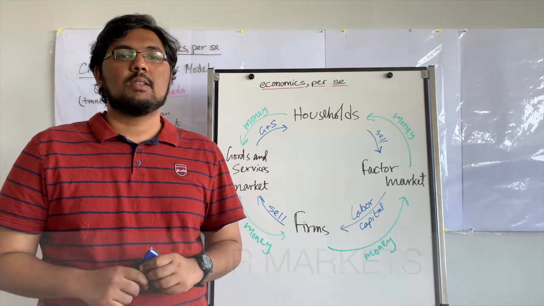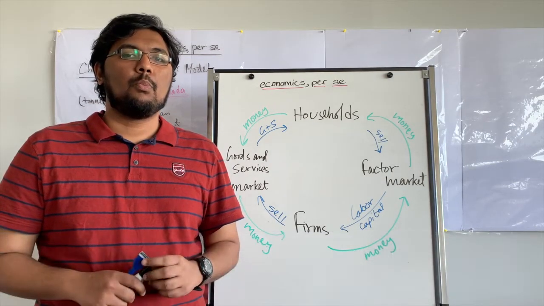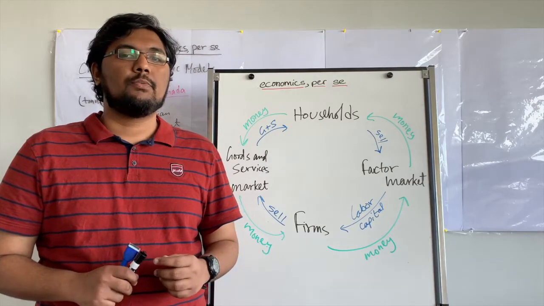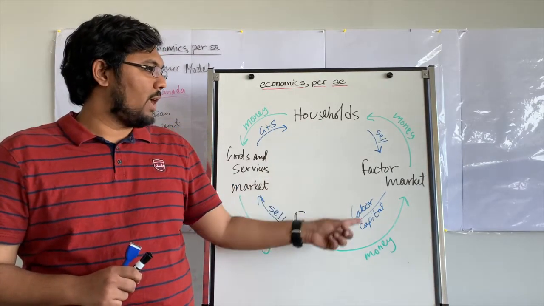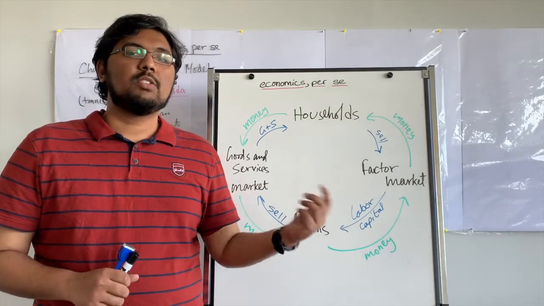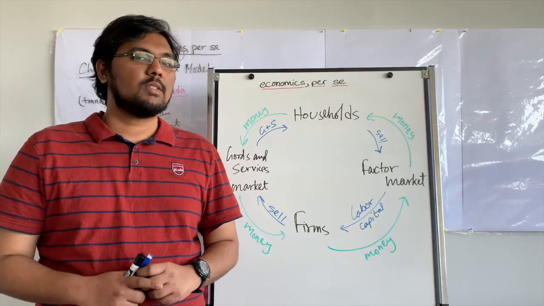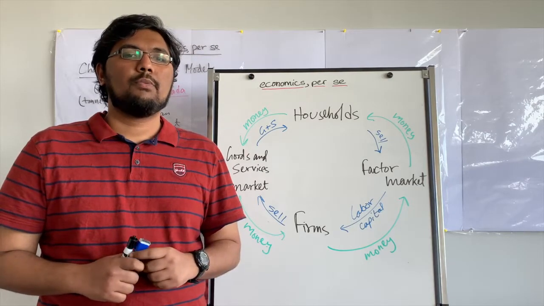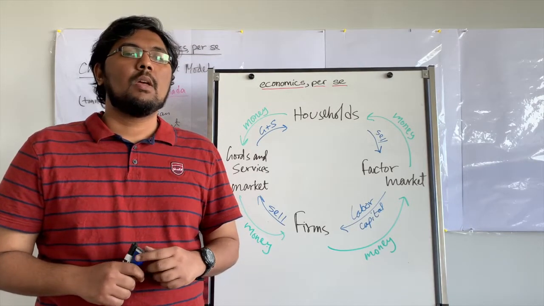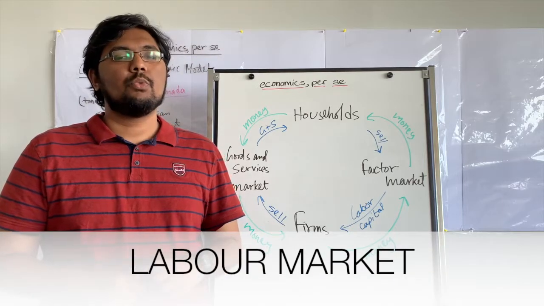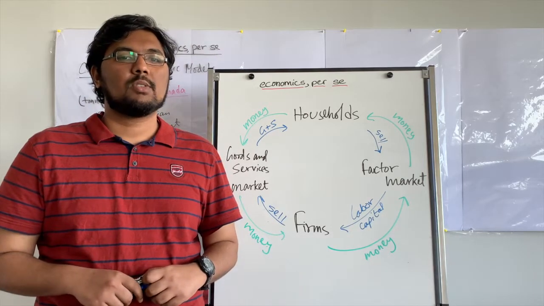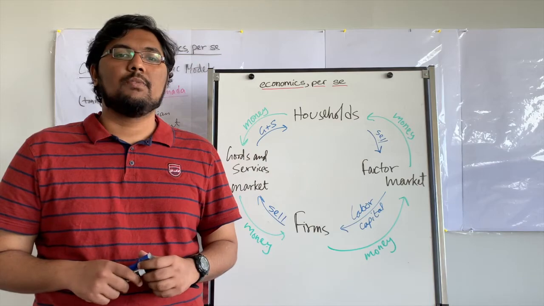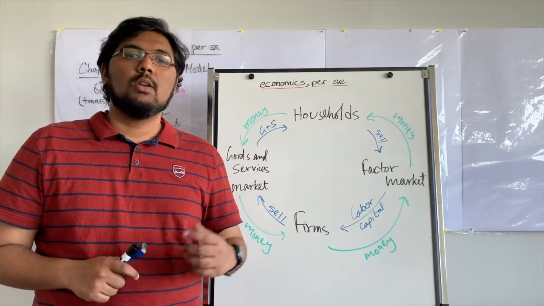There are two kinds of markets that operate to enable the transactions between firms and households. One of those is the factor markets, from where the firms buy or rent the resources they need to produce goods and services from the households. One of the best known factor markets is the labor market. Through the factor markets, the households sell their resources and the firms buy or rent those resources.